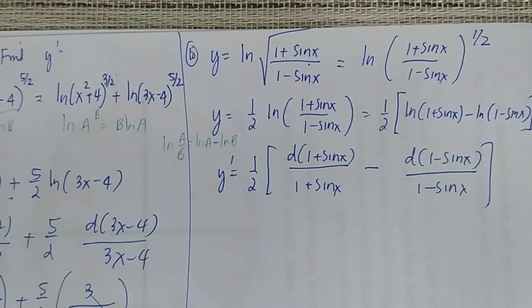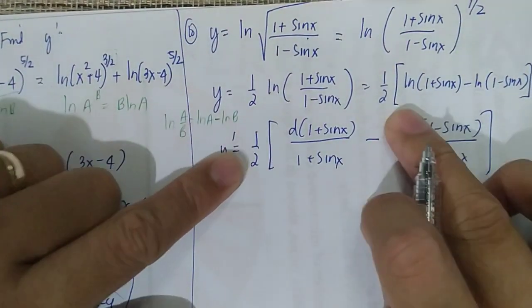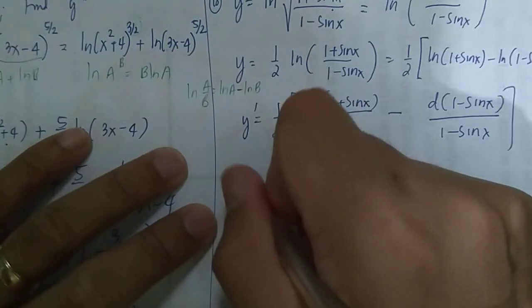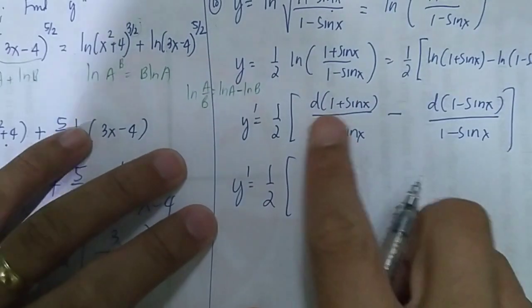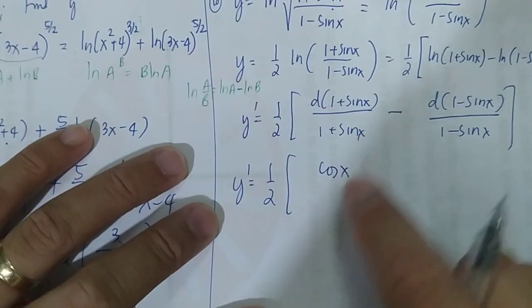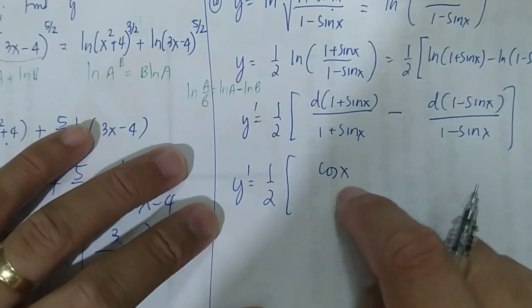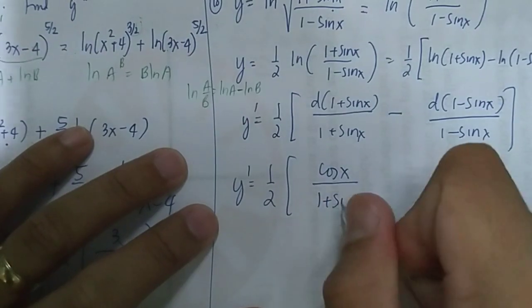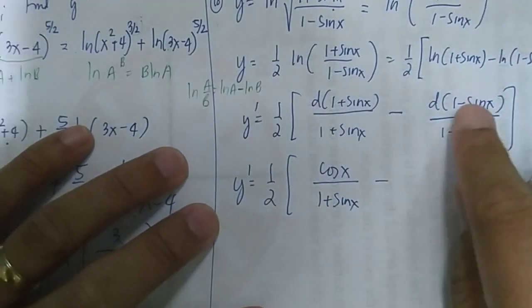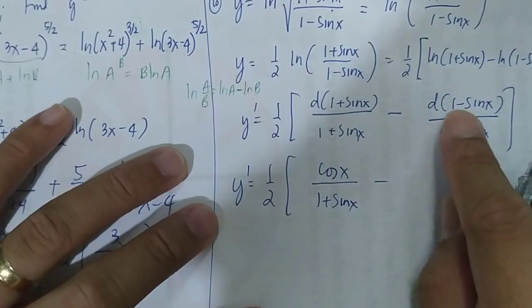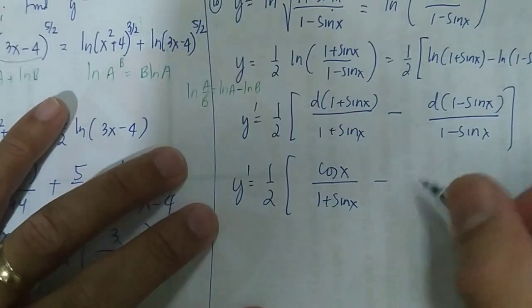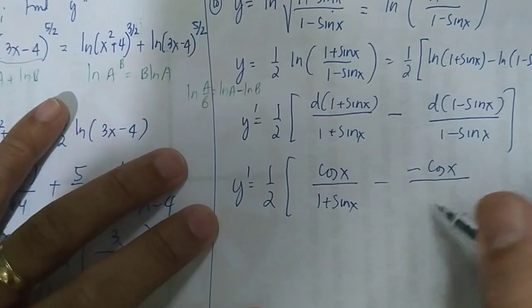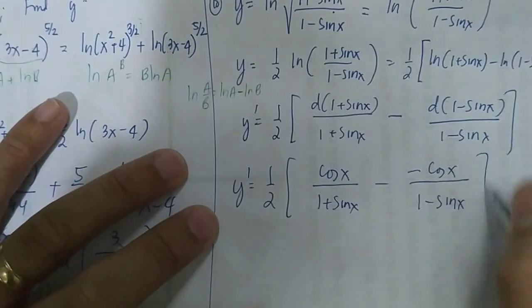So, taking the derivative of the numerators, y prime is 1/2 times the quantity: the derivative of 1 is 0, the derivative of sine is cosine x times the derivative of x which is 1, over 1 plus sine x, minus the derivative of 1 minus sine x, because the derivative of 1 is 0 and the derivative of negative sine x is negative cosine of x, over 1 minus sine x.